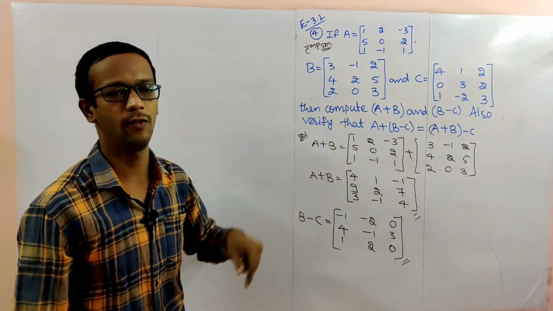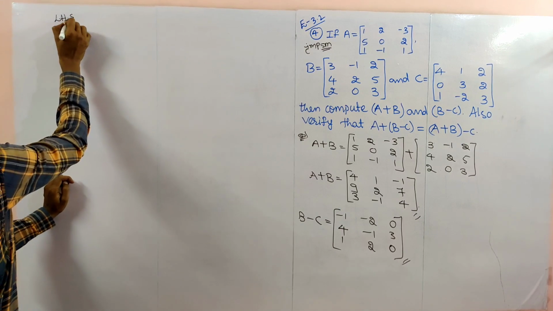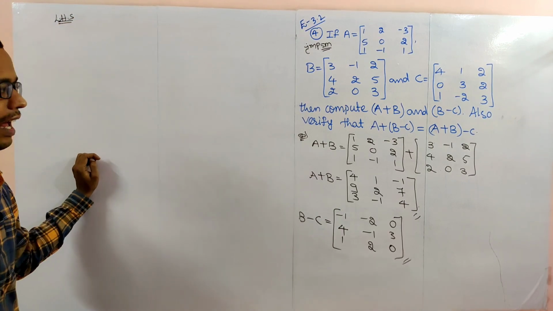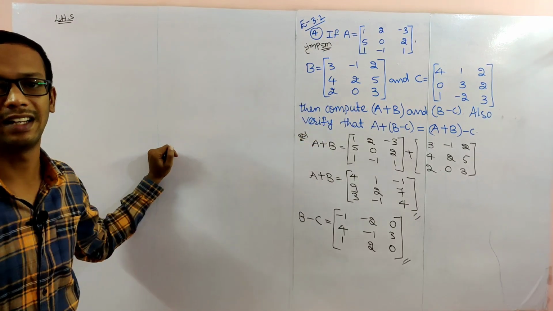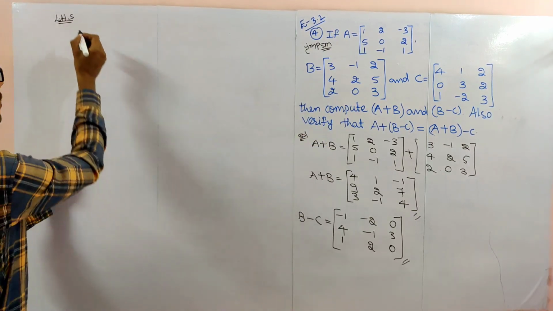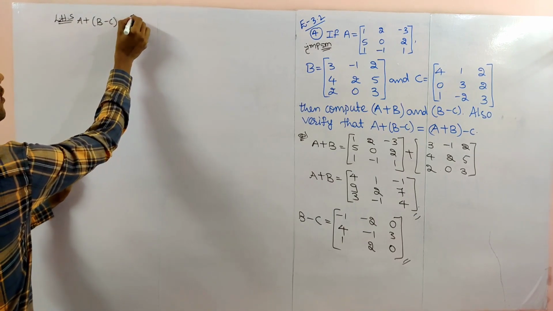Next, the verification. I will take the LHS part here. LHS is equal to A plus (B minus C). What is the A matrix?